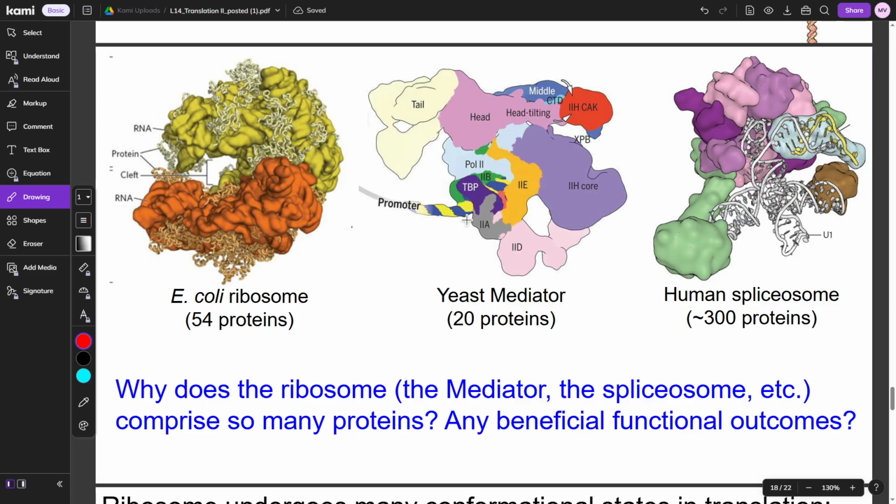It allows the environment to control more of what's happening. If you only had 1 subunit, then it would maybe take 1 check to actually begin the process. But in this case, you're not going to start translation or transcription or splicing, any of these, unless everything is perfect. And that's exactly what you want.